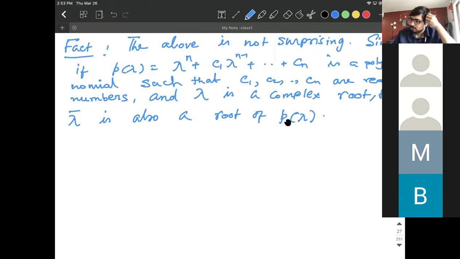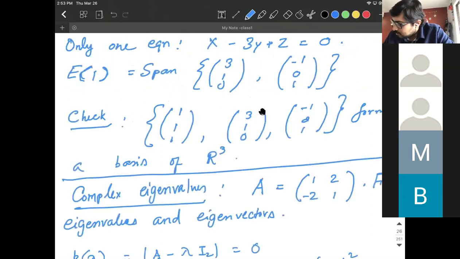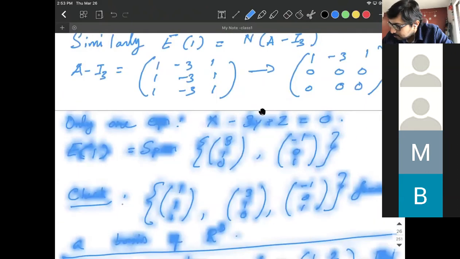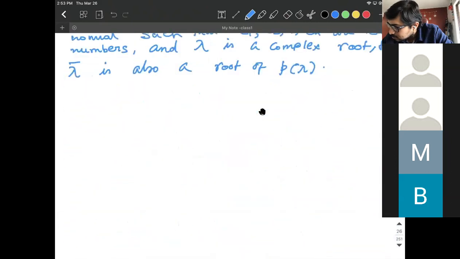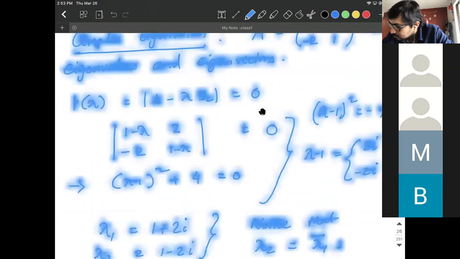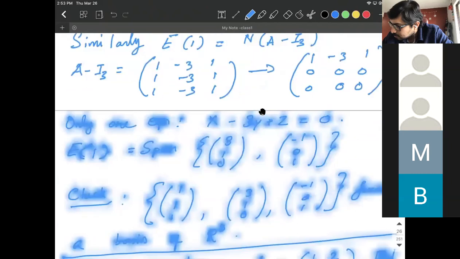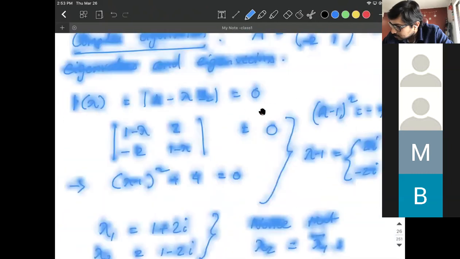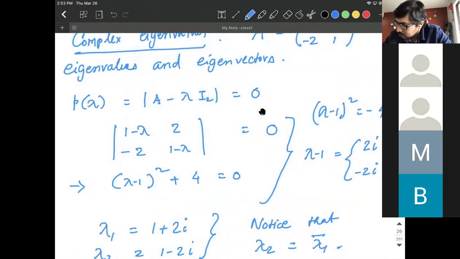You can try to show this. It's not very difficult. So the complex roots occur in pairs. If lambda is a root, lambda bar is a root. So hence, in this example, we have these two roots which are complex conjugates of each other.